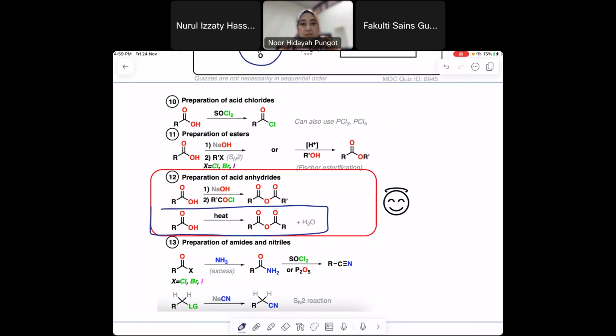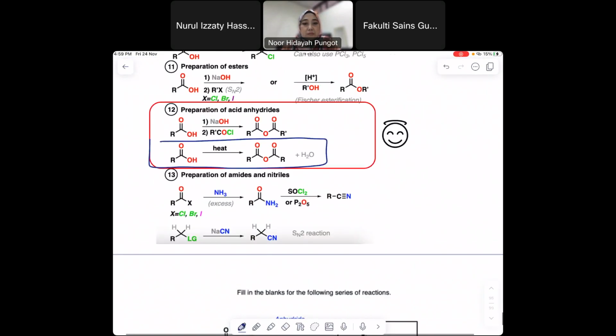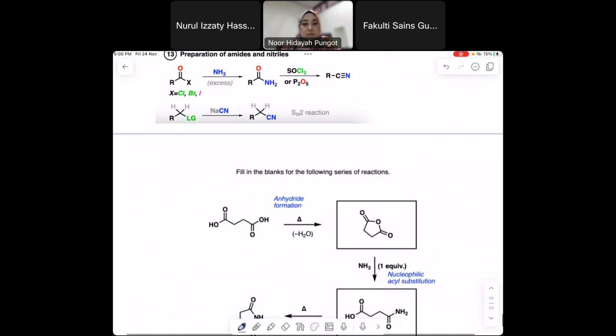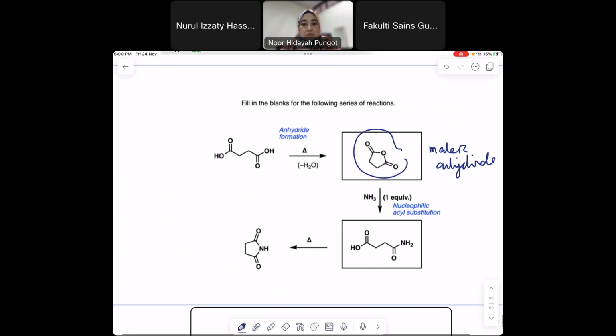This is how you prepare an acid anhydride. Some acid anhydrides can be prepared just by heating the carboxylic acid, and this is what we call maleic anhydride, a cyclic anhydride. I've used this example for a long time.